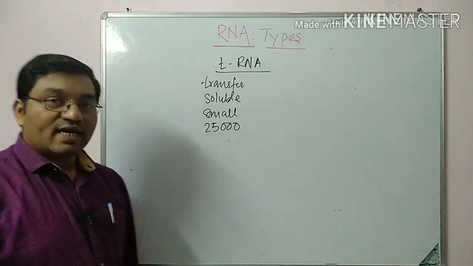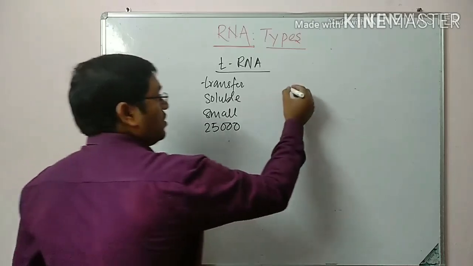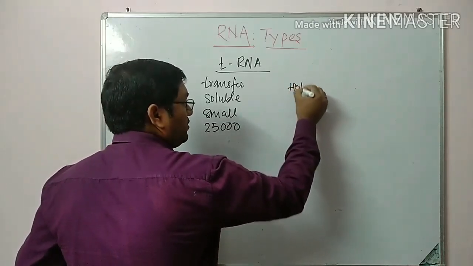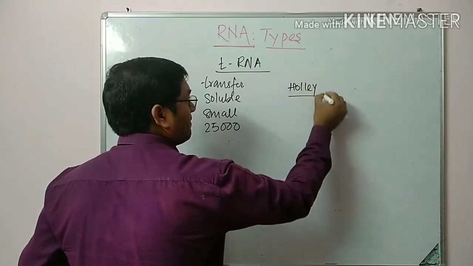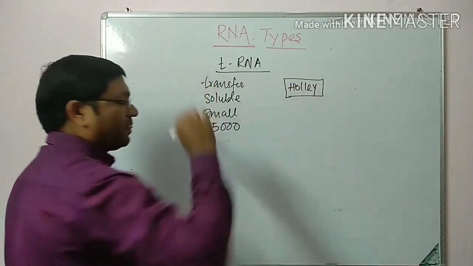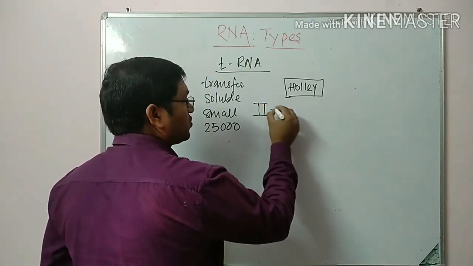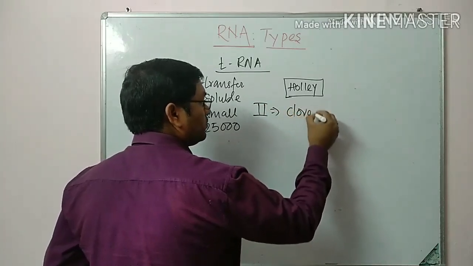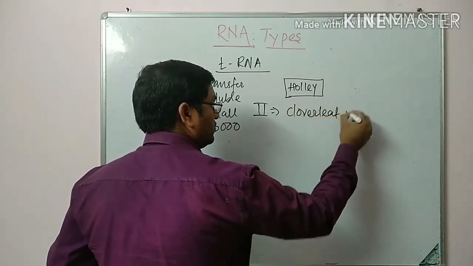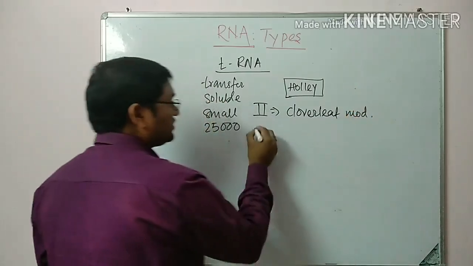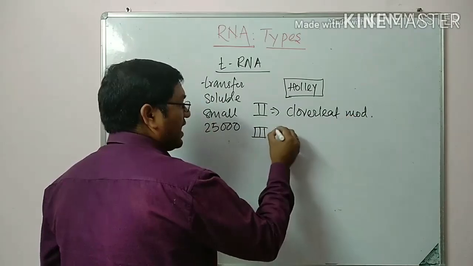The structure of tRNA was given by Holley. The secondary structure of tRNA is known as the cloverleaf model, while the tertiary structure is L-shaped.